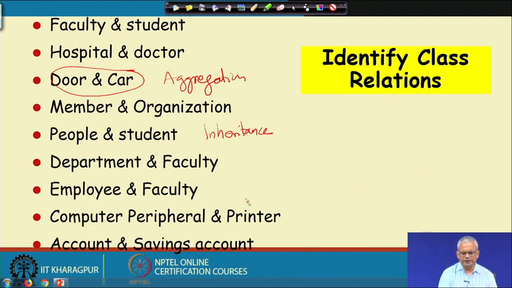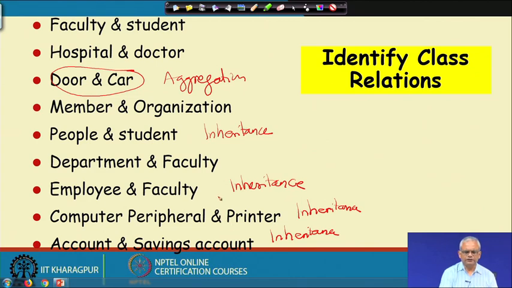Computer peripheral and printer, this is also an inheritance relationship, because a printer is a special type of computer peripheral. Account and savings account, this is also an inheritance relationship, because a savings account is a special type of account. We might have current account, fixed deposit account and so on.